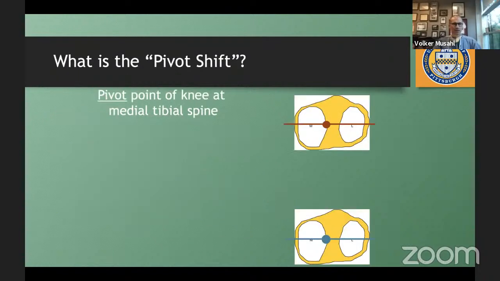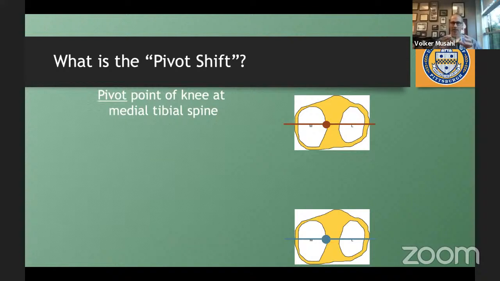So let me change gears here for a second and talk about the pivot shift and what I believe the pivot shift is. So if you take the knee, and this is basically adopted a little bit from Andrew Amis's work back in the late 90s, the pivot point of the knee is really not in the geometric center of the knee, but rather slightly medial in the joint.